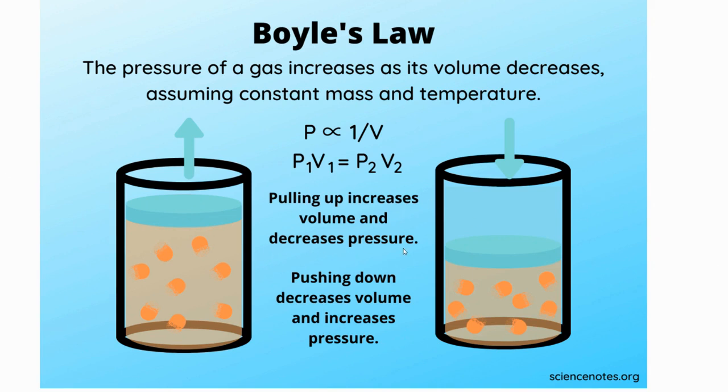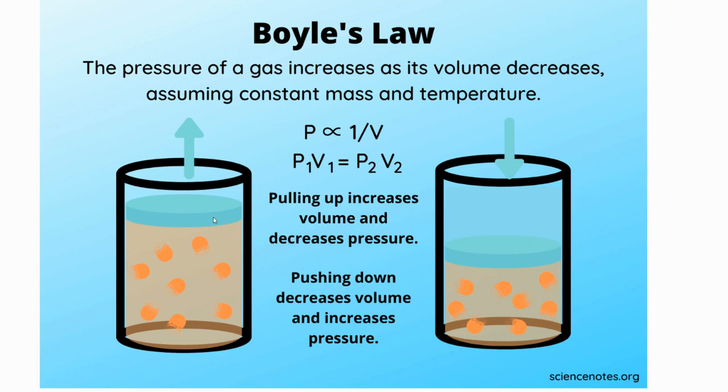I think of this as the piston problem, because when it comes up in Alex, it always has a piston. If you pull up, the volume is increasing and the pressure is decreasing. Think of a syringe: you put your thumb on the end and pull it, what happens to your thumb?